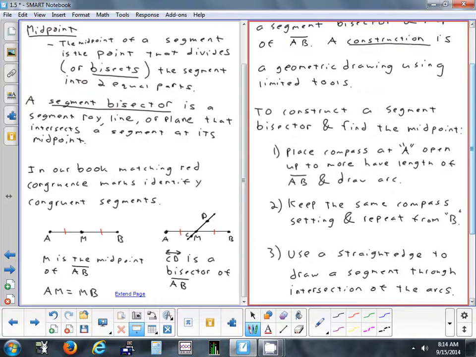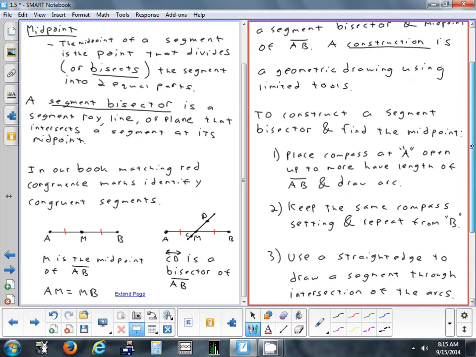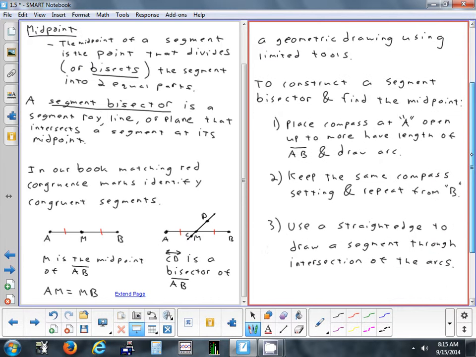We have to open it up to more than half of the width of the segment, or this won't work. If you open it up less than half, the arc that you draw isn't going to work. So place the compass at point A and open it up to more than half of the length of the segment.